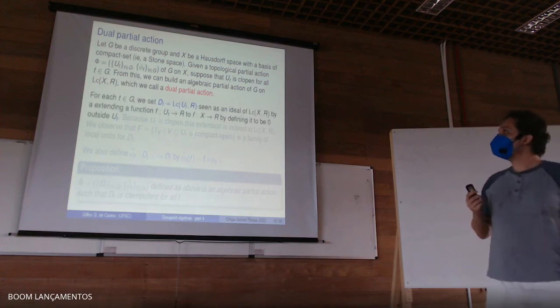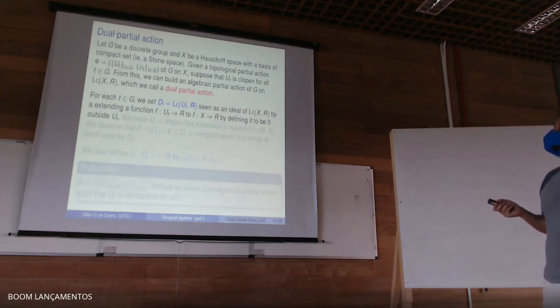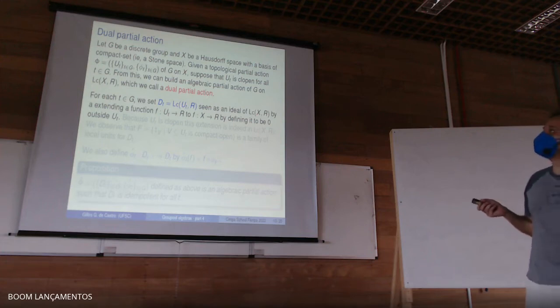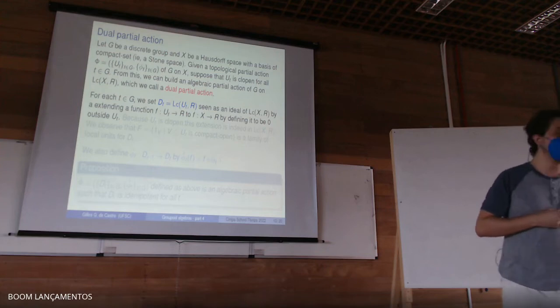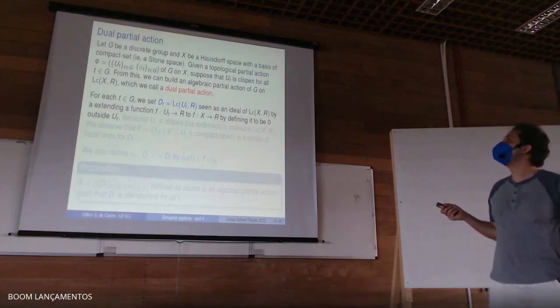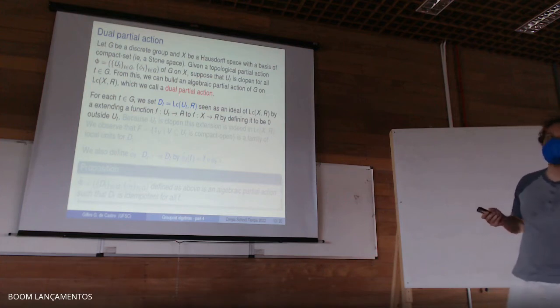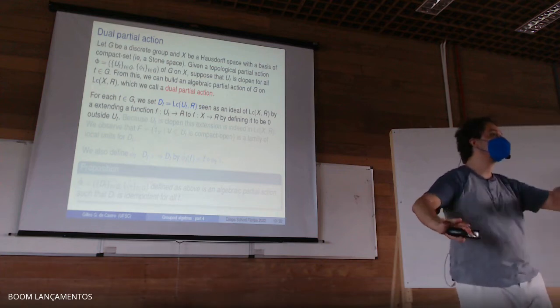How do we do this? So first of all, for each element U_t, which is clopen, we're going to define the ideal D_t to be the locally constant functions on this U_t. Well, we need to extend actually, because we need functions from X to the ring. So the way that we do this, because U_t is clopen, is we can extend it as being 0 outside the U_t.